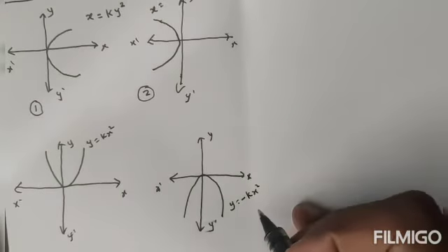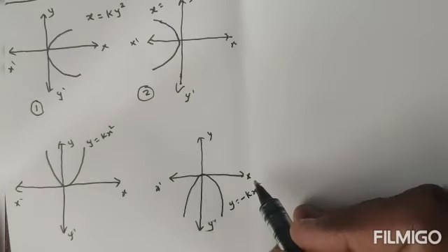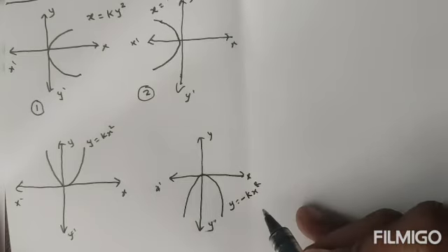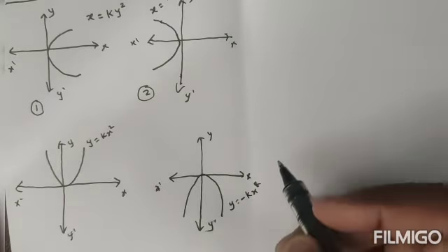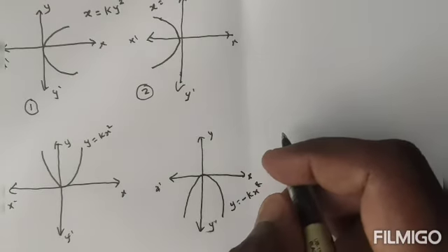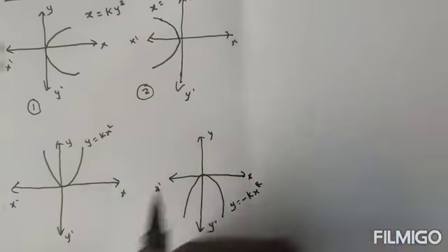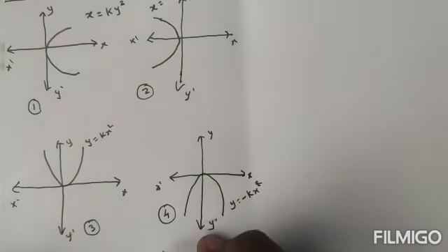So this kind of equation represents a parabola. Generally y equal to mx plus c is the concept related with the straight line, whereas y is equal to kx squared or x equal to ky squared represents a parabolic equation. So this is graphical diagram number 3, and this one is graphical diagram number 4.